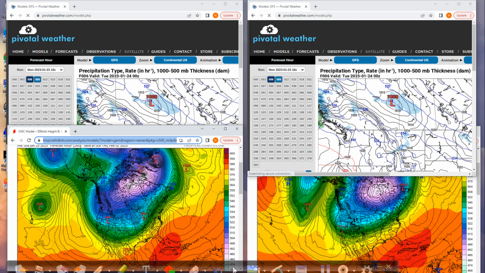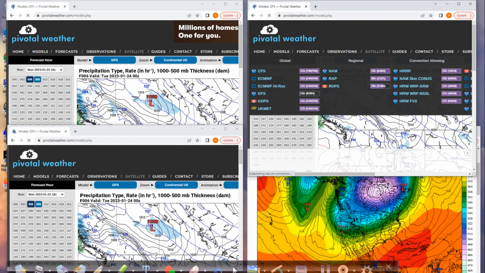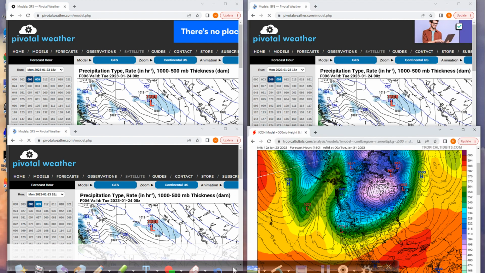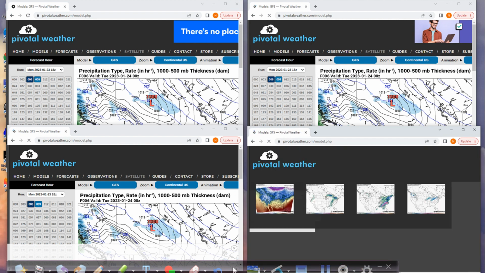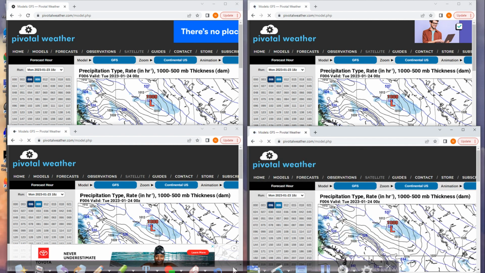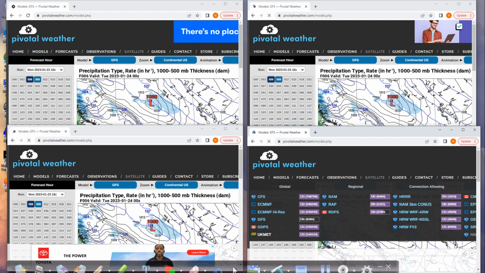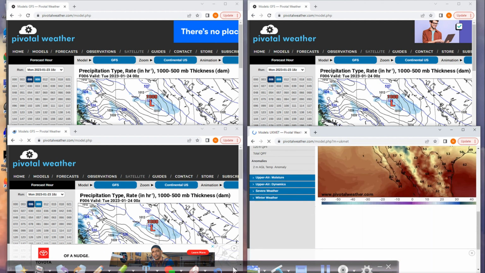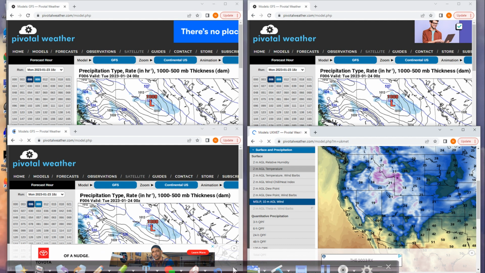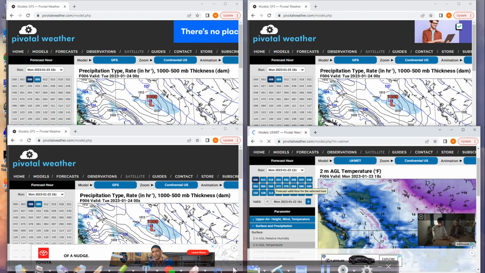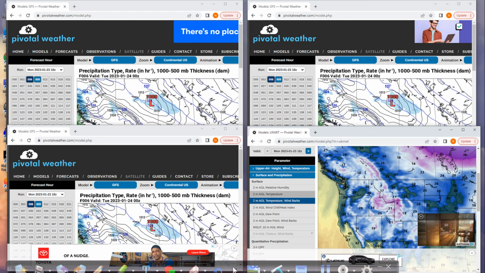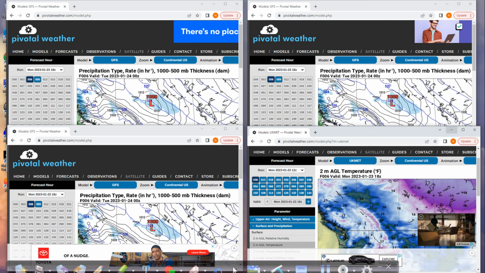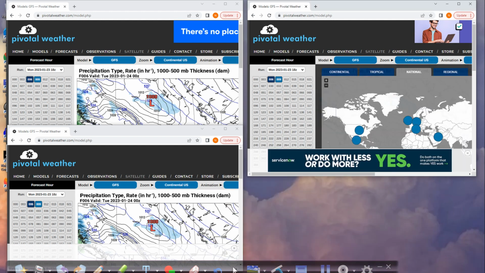I don't think the German model is on this other website. It is not, but instead of the German model, this other website has the UK map, which is a model that comes from the United Kingdom, except that it does not have the same type of map, so I'm not going to go through that.